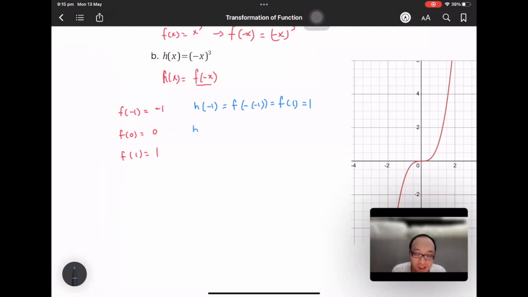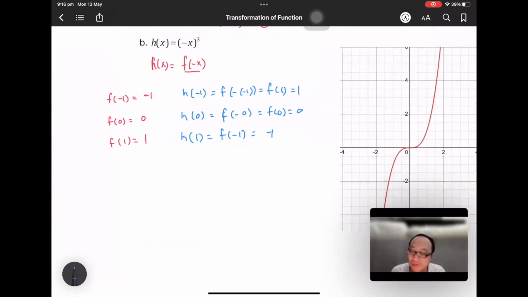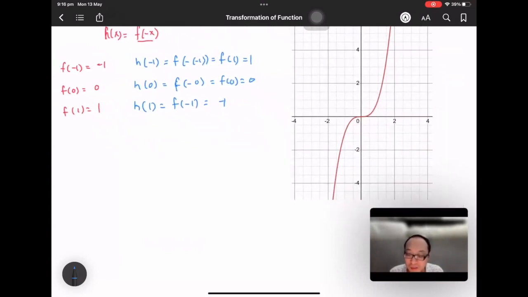And h(0) will become f(-0) equals f(0), so it stays the same. And h(1) is f(-1) equals -1. So now the coordinates may be the same, but the process is different. So h(-1) is 1 because we reflect the value of f(1), so from here to here.